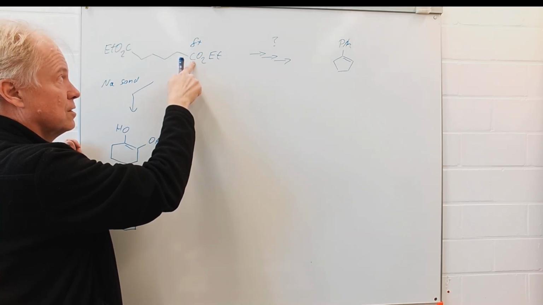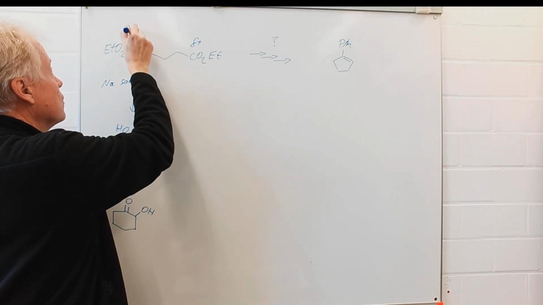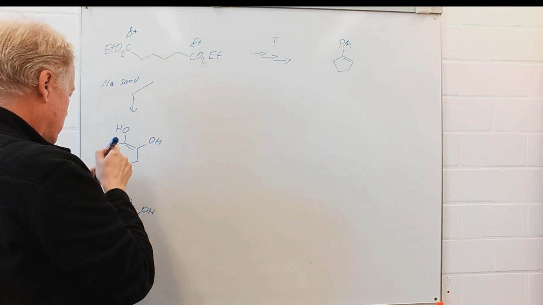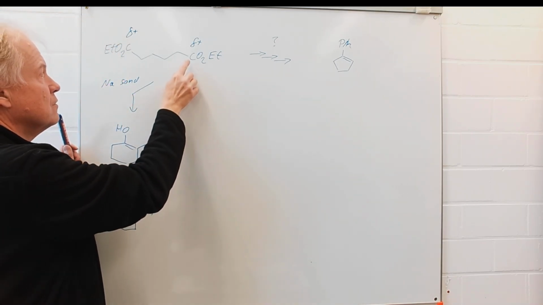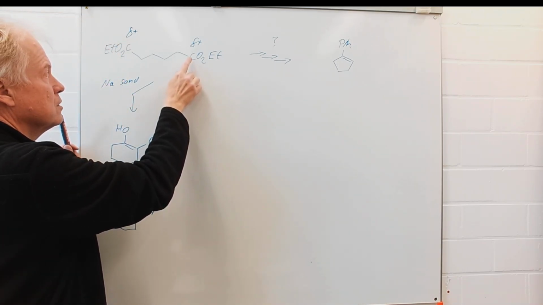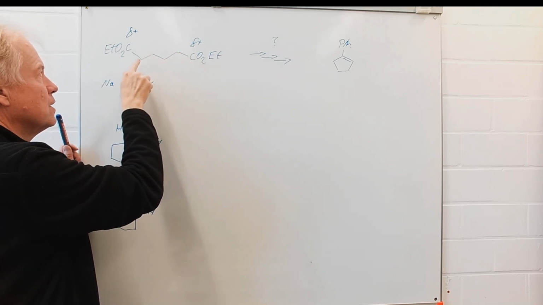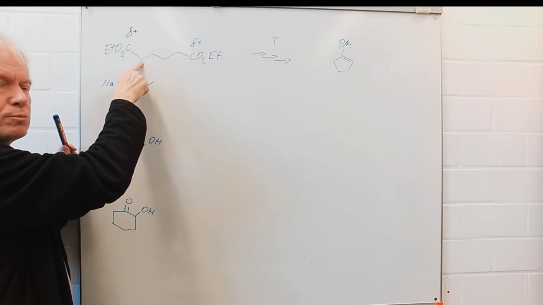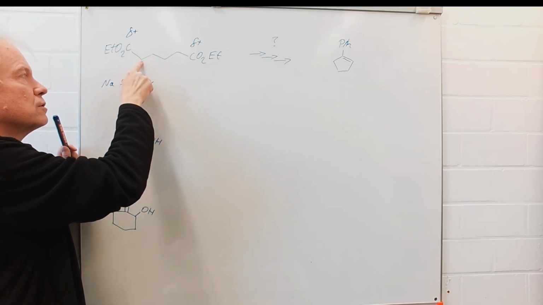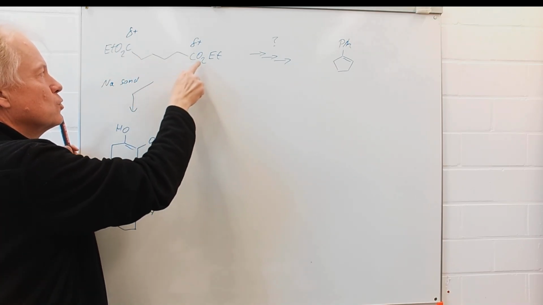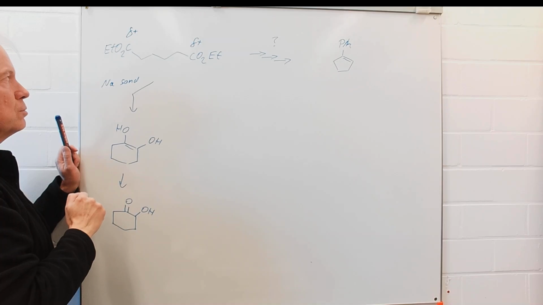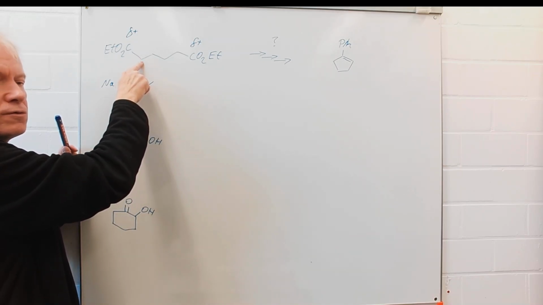It is electrophilic, also the other one. And for a 5-membered ring, we need 5 centers, 1, 2, 3, 4, 5. Here, this center should be nucleophilic, so it could form a 5-membered ring, attacking this carbonyl group as a nucleophile. So we need a nucleophile here.